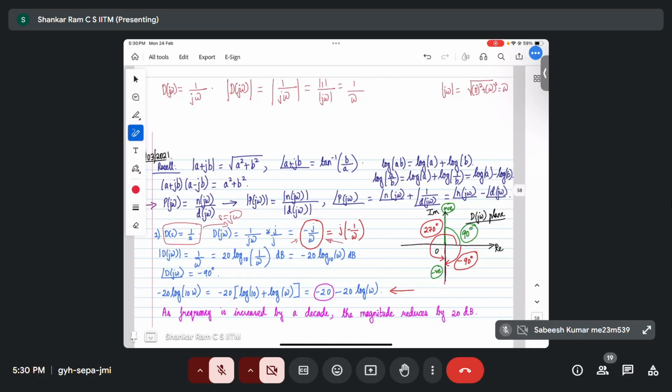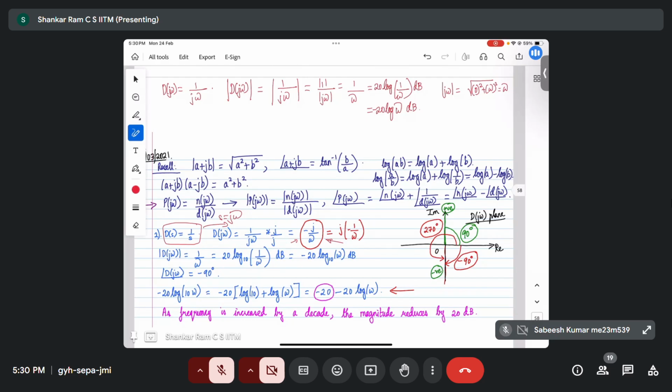But then we need to take the decibel measure. So if we take 20 log to the base 10 of 1 by omega decibels, what happens to the logarithm of 1 by omega? It is minus log omega. I hope it is clear how we got this.